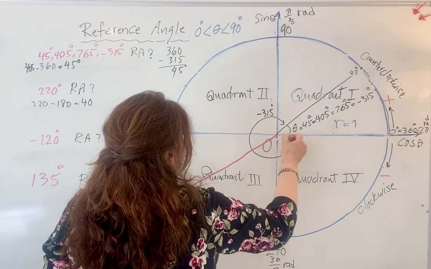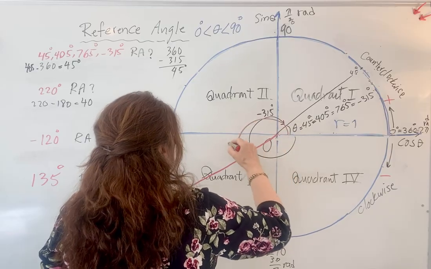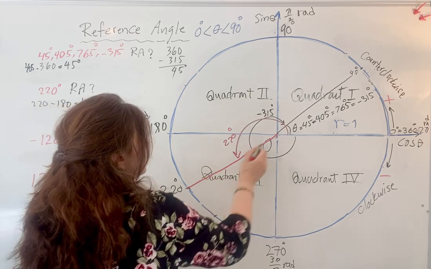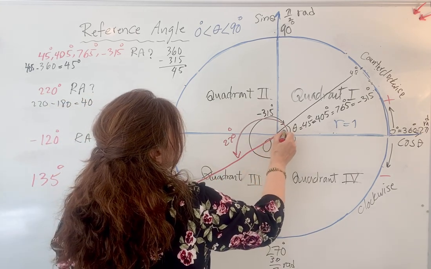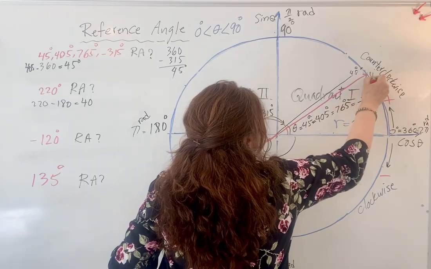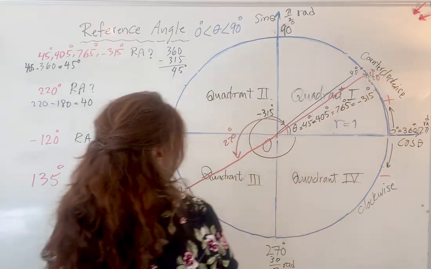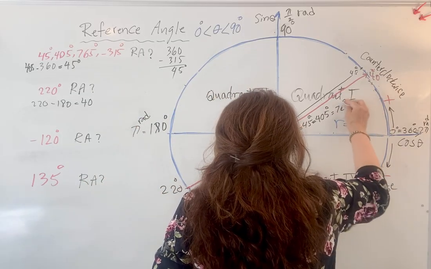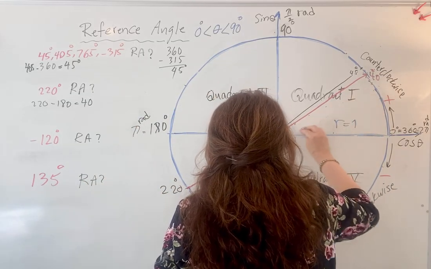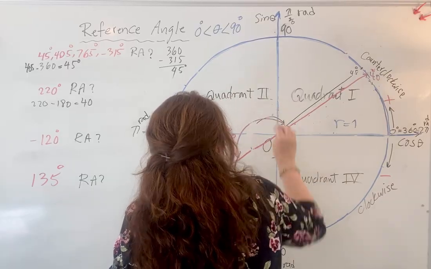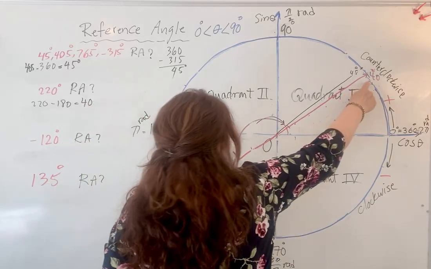From here to here is 220. If you continue this one to here, this is 40 degrees.